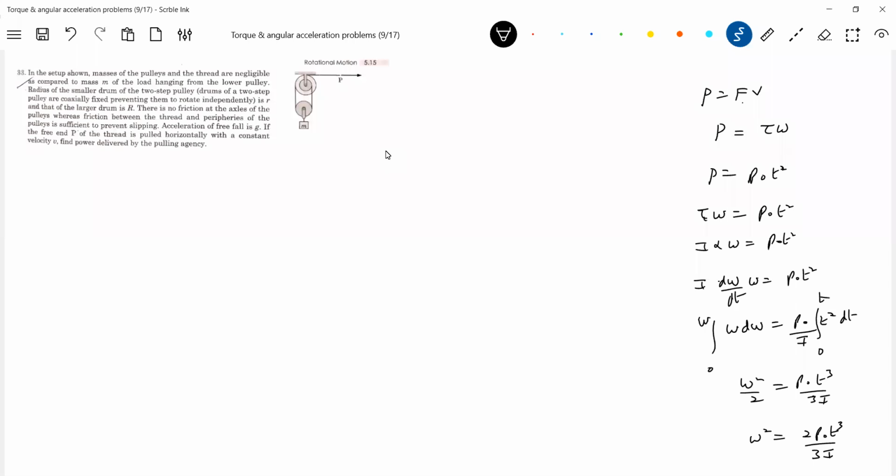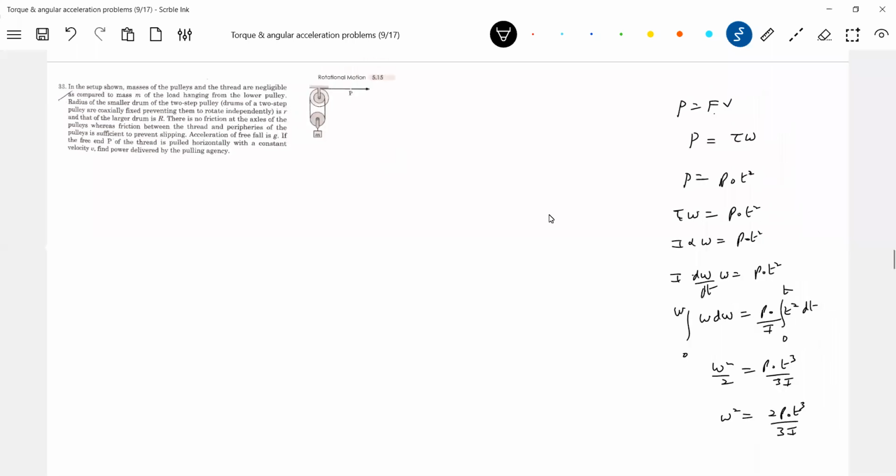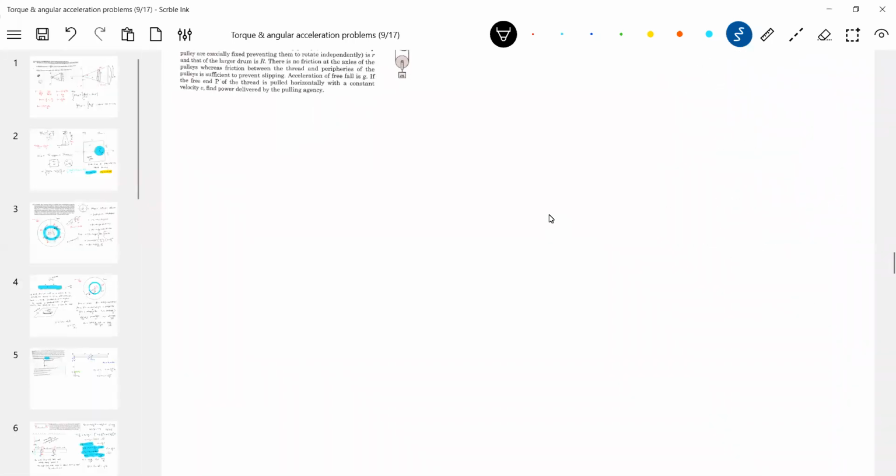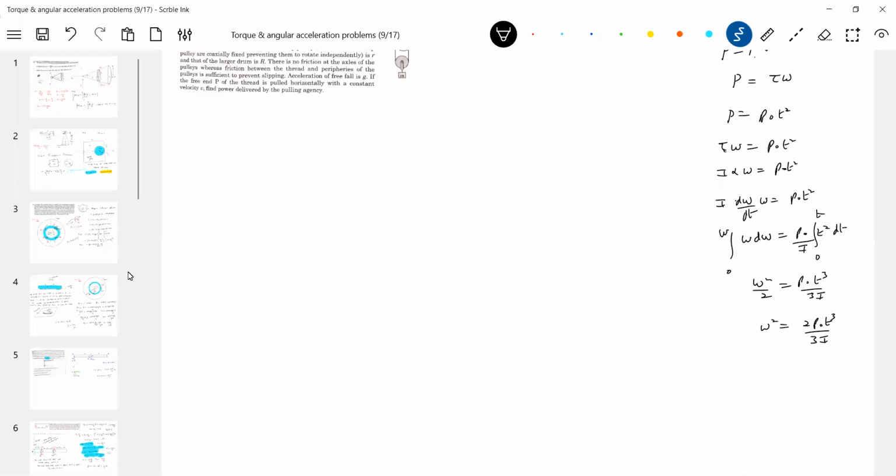Instead of this, if power varies as a function of theta, not time, then how do we calculate angular velocity? I think I'll put it in a separate diagram, just rotational power. At least in Mains or in Advanced, they may ask such simple questions.